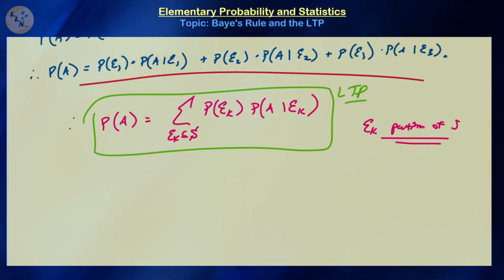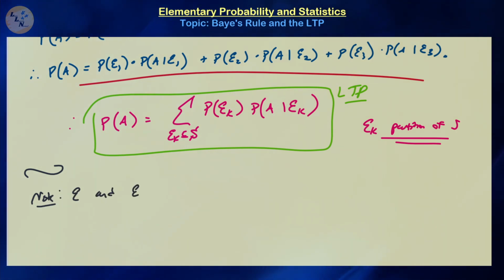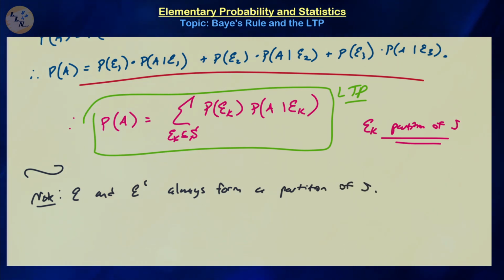Okay, so with that being said, also let's just note this down because remember, sometimes it's hard to form partitions, but E and EC, the complement, always form a partition of S.